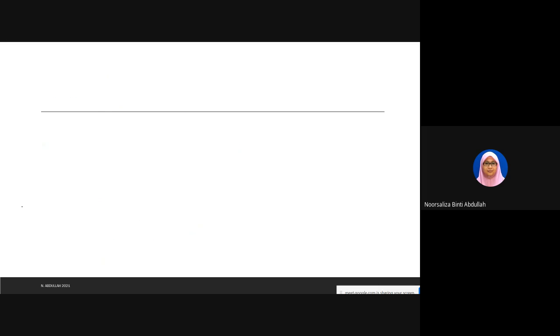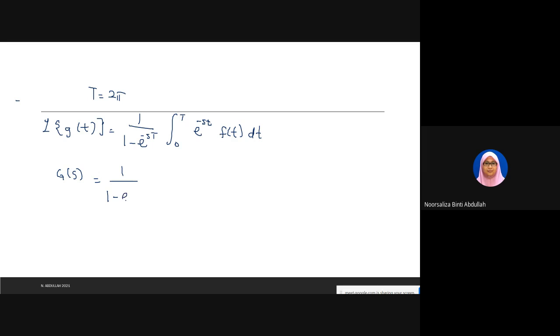So untuk Laplace, okay, we know that the T equals to 2 pi, and then the Laplace for GT is actually 1 over 1 minus exponent minus ST integrate between 0 to T, exponent minus ST, FT dt. So Laplace for GT is actually GS equals to 1 over 1 minus exponent minus S, T is 2 pi.